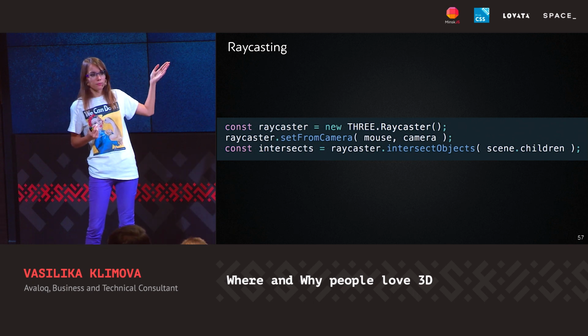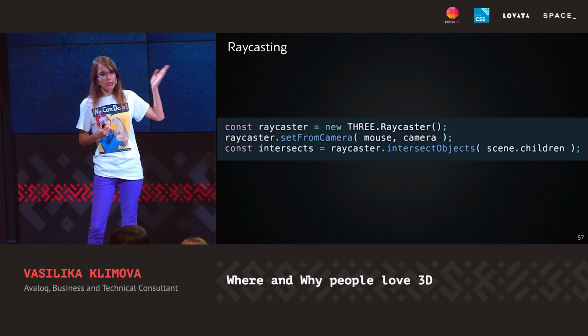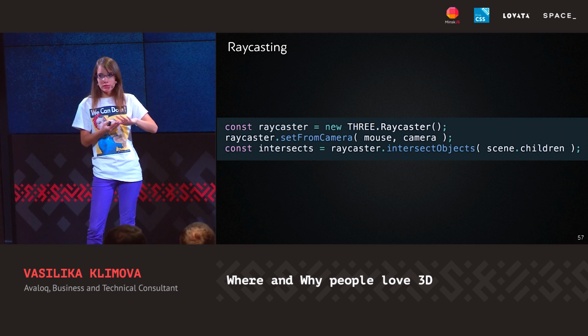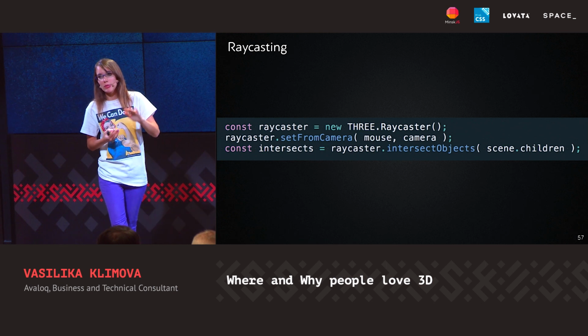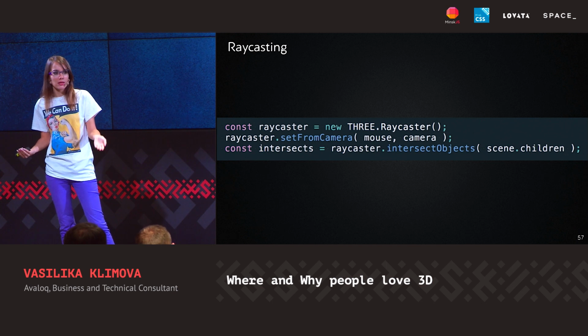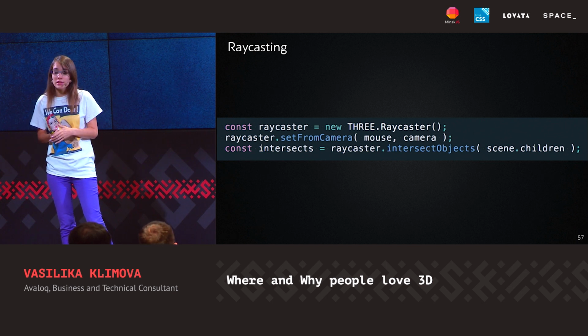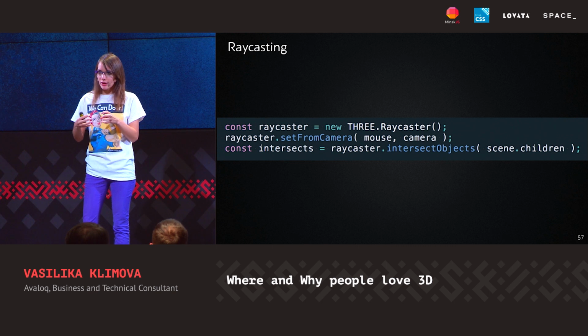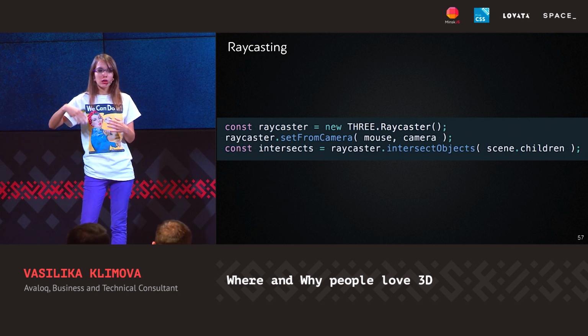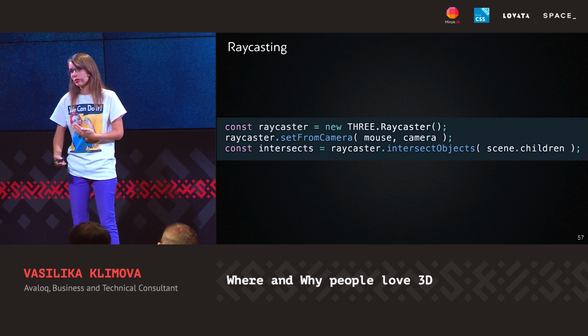You just implement it, and for raycasting you need to know where the mouse is, all the events and so on, and the camera, because we need to connect the camera and the mouse. And then with the method intersectObjects, you can get intersections, catch where exactly your cursor was on the scene.